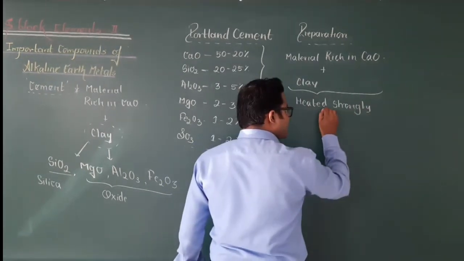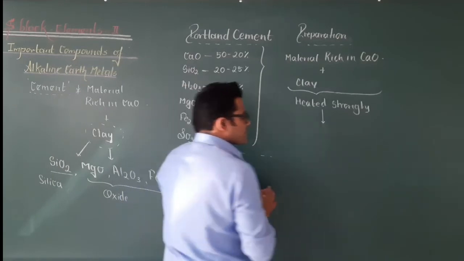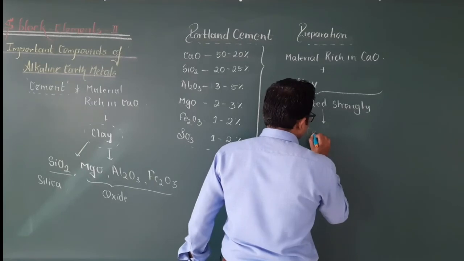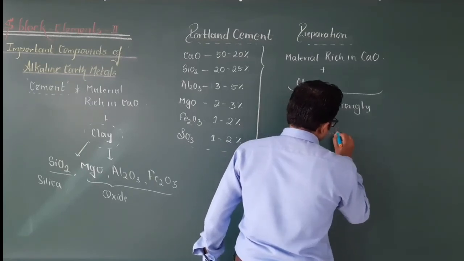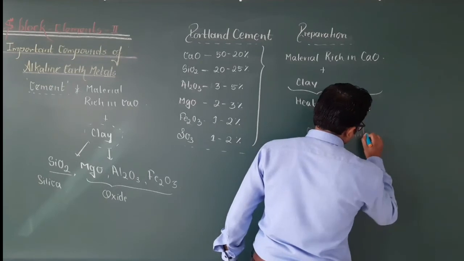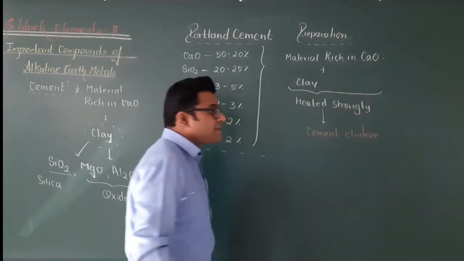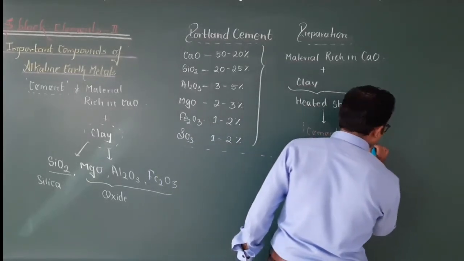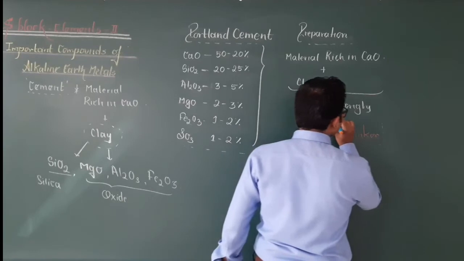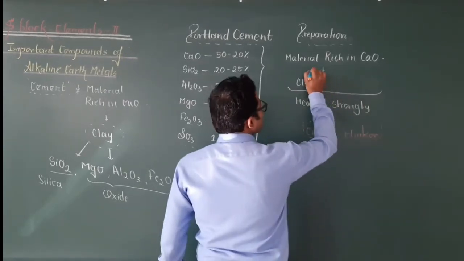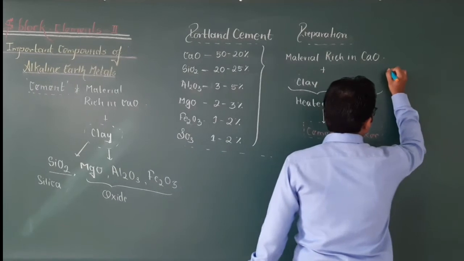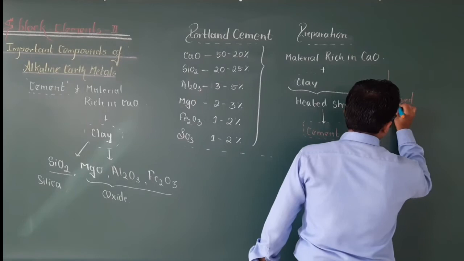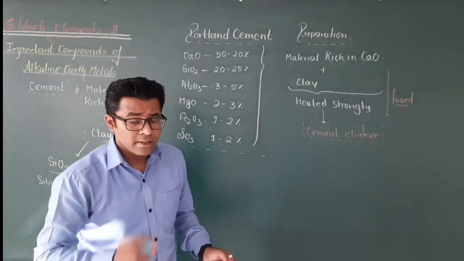As it is heated strongly, it gives us the cement clinkers. These cement clinkers are formed once the calcium oxide is fused with the clay. Once it is fused, it yields the cement clinkers.